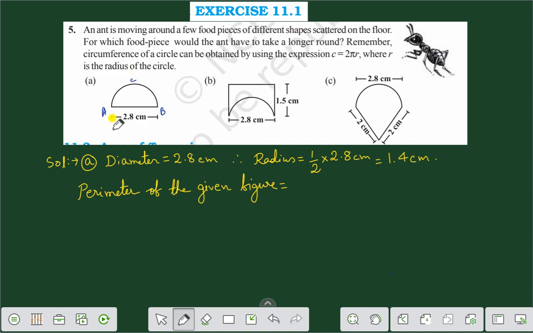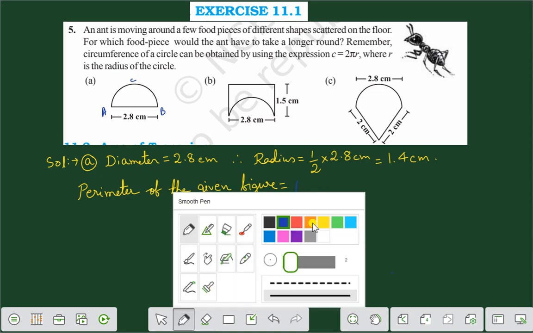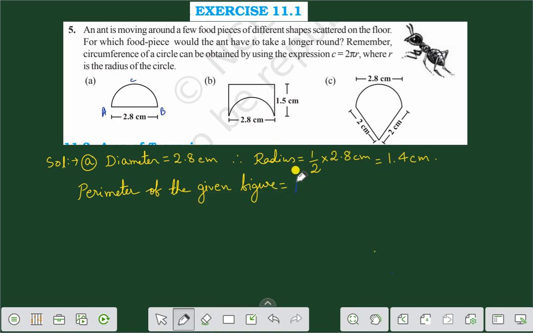Therefore, perimeter of the given figure is AB, A to B, plus the curved region BCA, that is B to C, C to A.